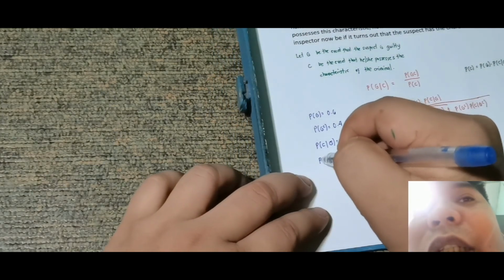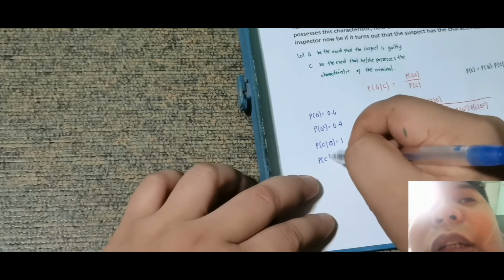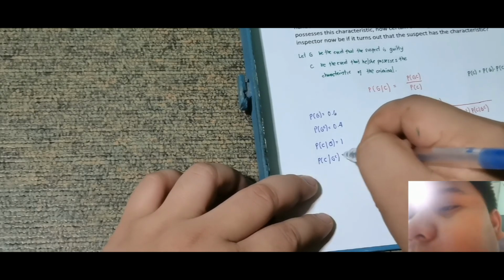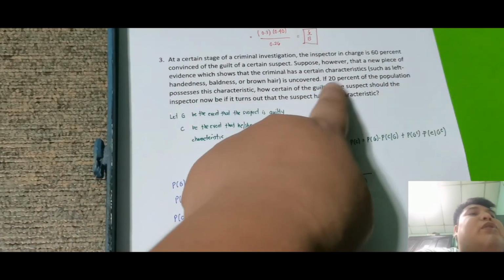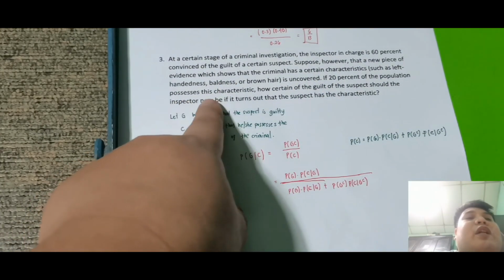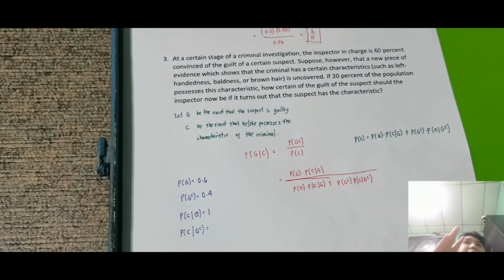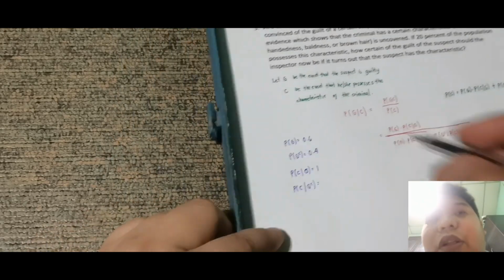Ano yung probability na ikaw ay criminal given na hindi ka guilty? Based sa given, if 20% of the population possesses this characteristic, so 20% referring sa mga taong yun. Sila yung mga hindi guilty pero pinopossess yung pagiging criminal. I think so that is 0.2.